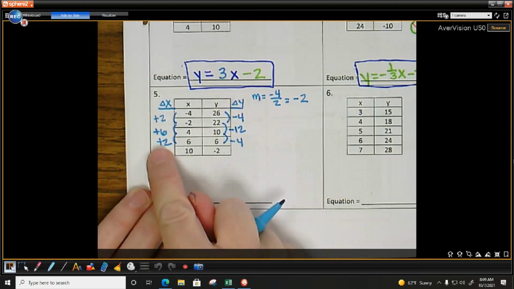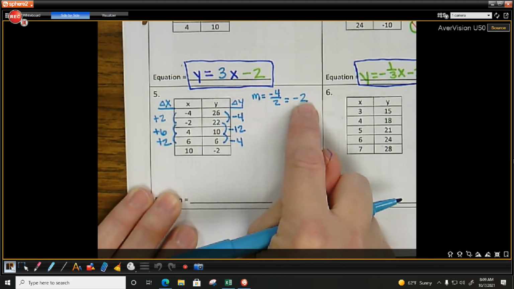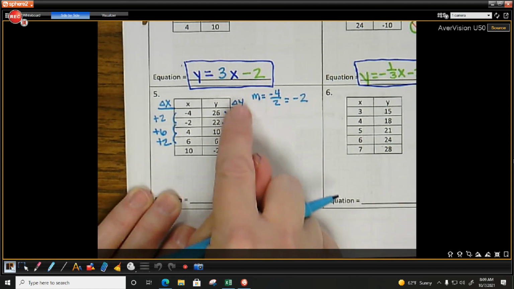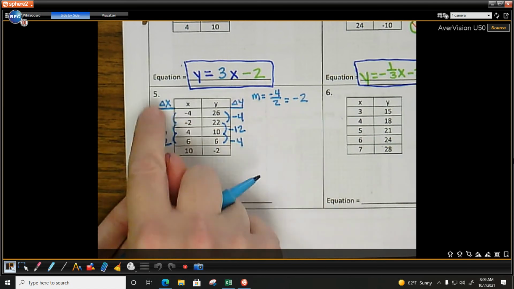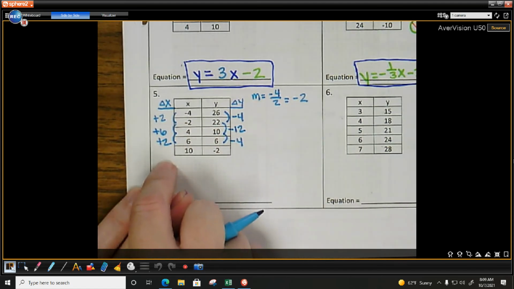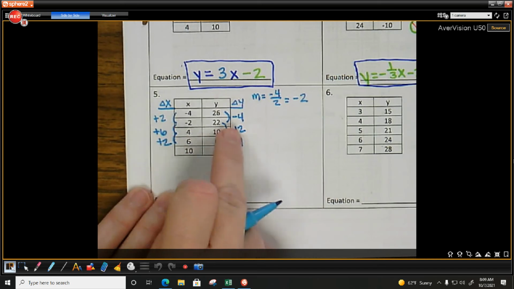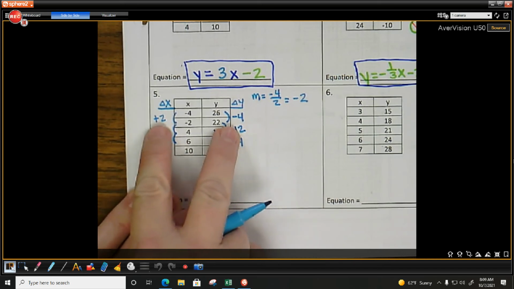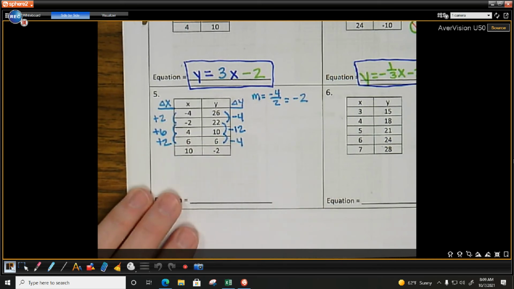Do you get the same slope? So even though the change in y is not consistent and the change in x is not consistent, the ratio of the change in y over change in x does stay constant. Okay? So that's why I said whenever we are choosing points, it does not matter which 2 points you choose. If it is a linear function, your slope will remain constant.